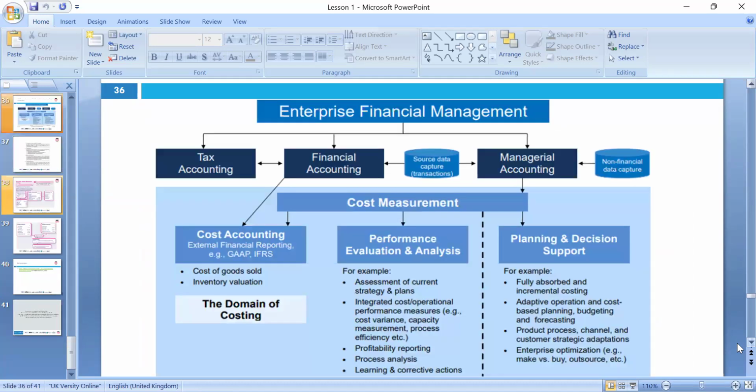Okay, then please we look around enterprise financial management. In the management perspective, there is tax accounting, financial accounting, and managerial accounting. When we say financial accounting, it is related to the financial statements and the costs. We can look around the tax, of course, HMRC. We look around the performance: how much we perform, what we budgeted, what is the actual cost, and the difference is a variance.